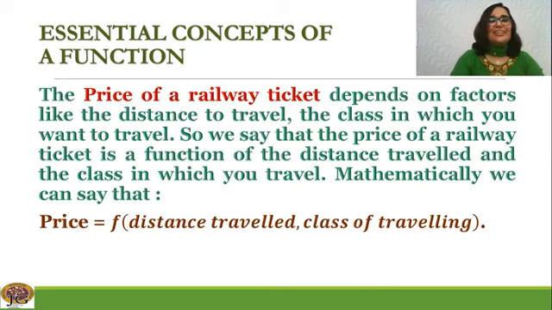And the function is denoted by F. So mathematically, price is a function of various things, and the factors that we have discussed are distance traveled and the class of traveling. Maybe you have understood a little bit of what a function is.